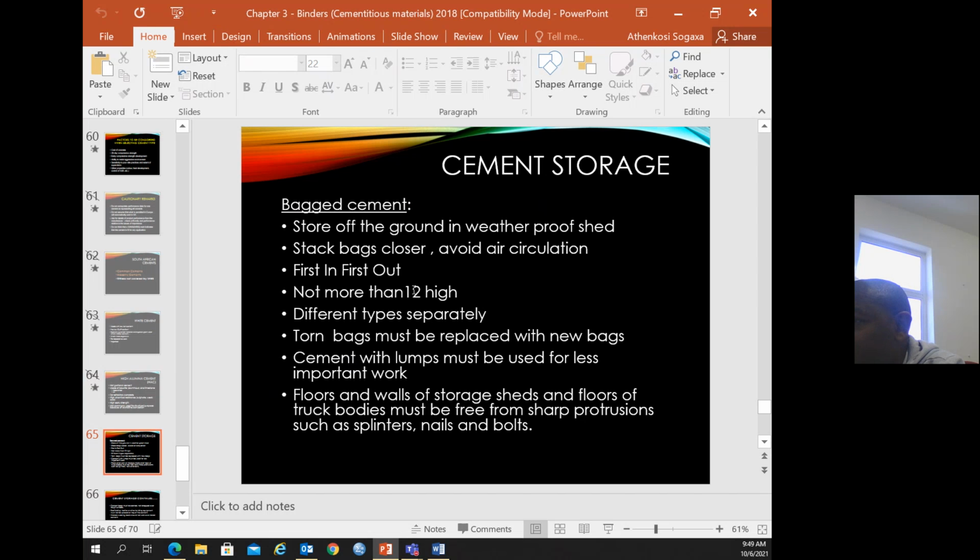Not more than 12 high. Keep different types separately. Torn bags must be replaced with new bags. Cement with a lump must not be used. Floor and wall storage shed and floor must be free from sharp protrusions, such as spikes, nails and bottles.